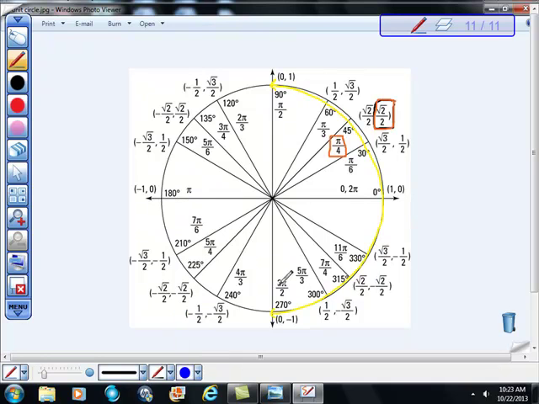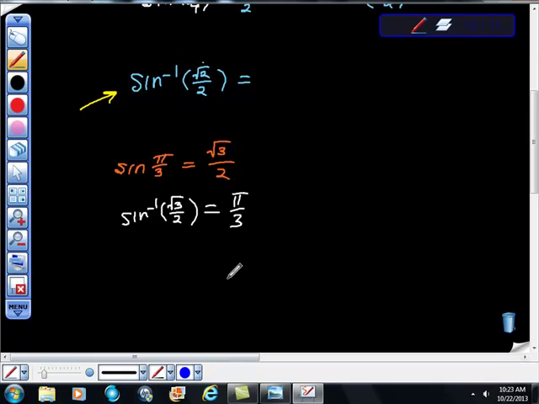Remember, we're looking at this as if we move this way. So this is negative pi halves, and this is pi halves up here. So we're going to go from here to here and look for it. The sine value we were looking for was this. And what angular value does that correspond to? Pi thirds. So you go back, and Nicole, you're right. Does that make any sense at all?